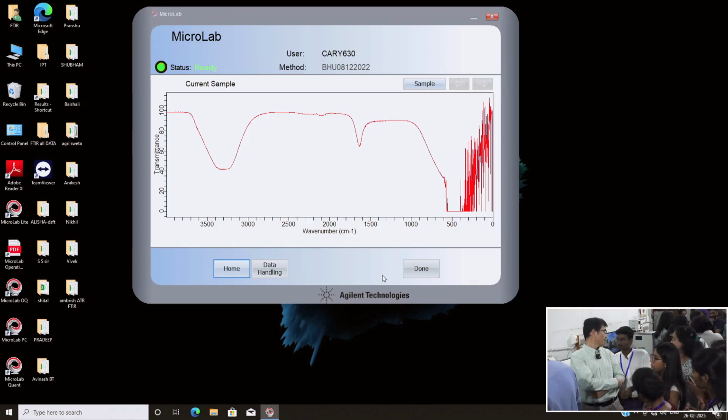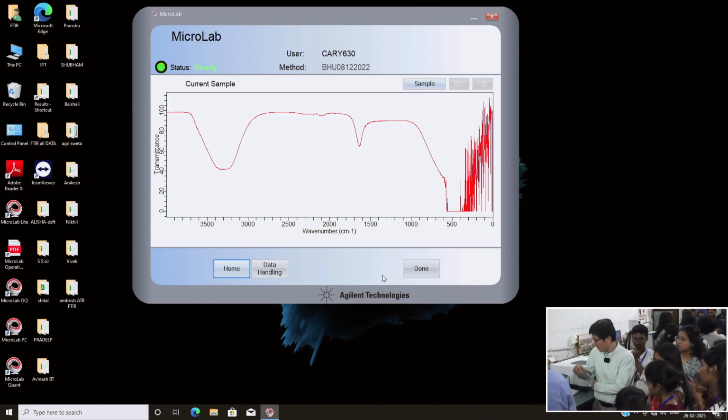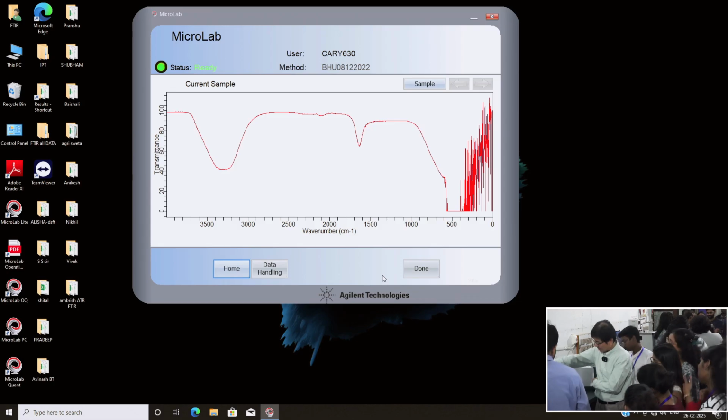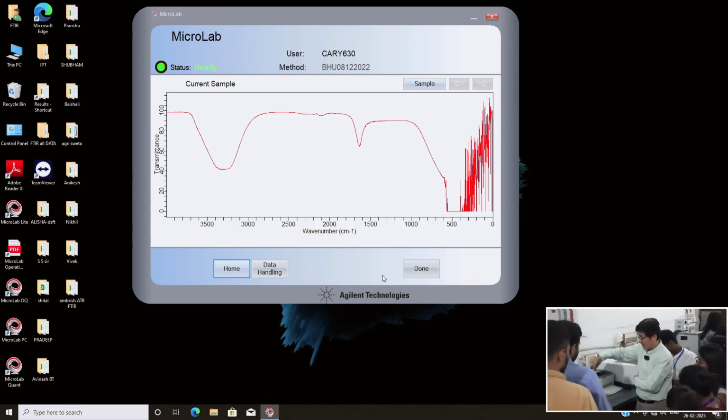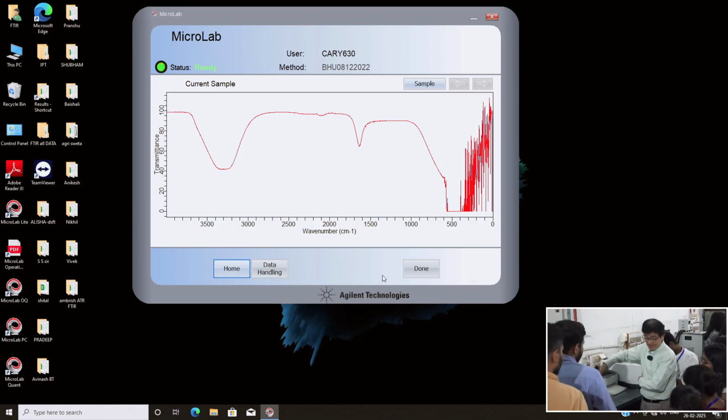So we need to measure this individually. In the case of the solvent spectrum, there is no sample, and I0 is air. How did we measure I0? The prism was at this position, and it measures air because there is no sample.